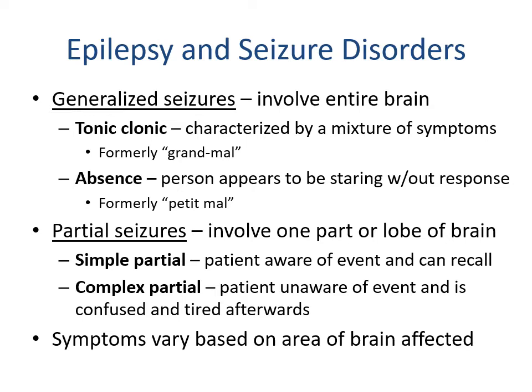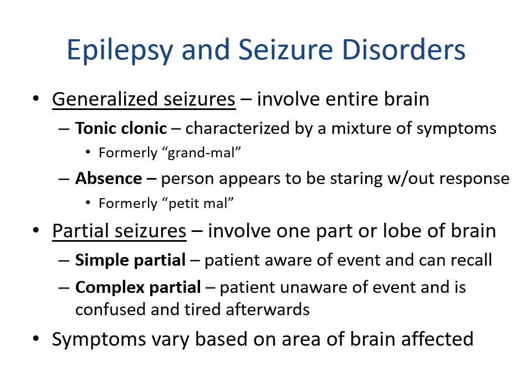So our generalized seizures involve the entire brain. We have the tonic-clonic seizure, which is characterized by a mixture of symptoms. This is what we used to call a grand mal seizure. When you're thinking of a seizure in your head, like what you think of in the movies, where people are clenching their jaw, foaming at the mouth, with spasticity movement, on the ground, that's a tonic-clonic seizure.